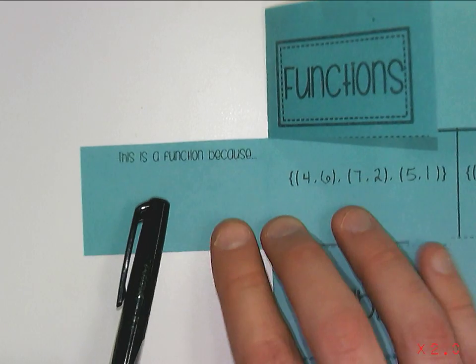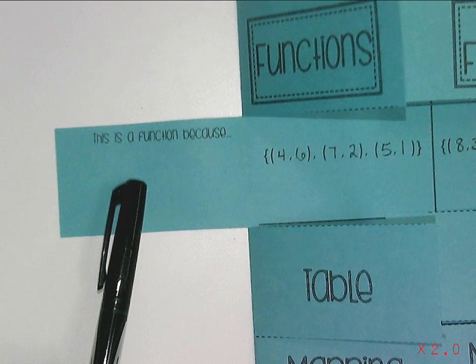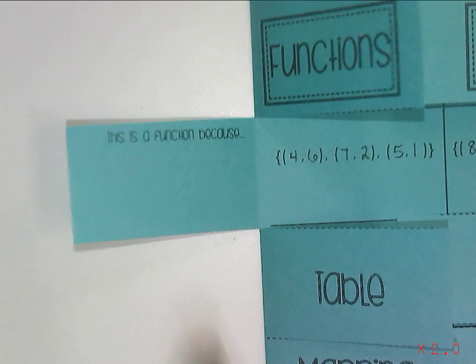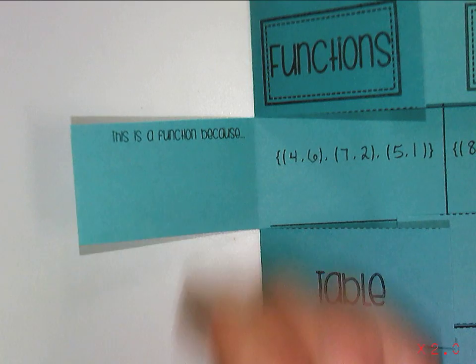So the reason why this is considered a function is because every X value is paired with a different Y value. So each input, or X value, has exactly one output.